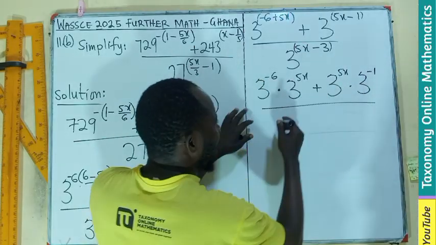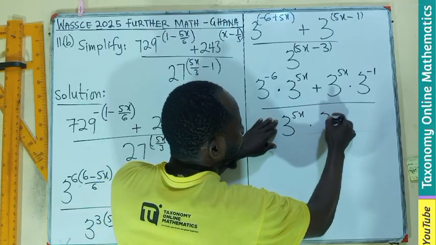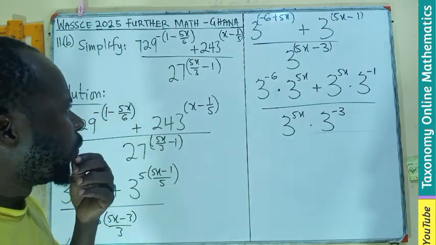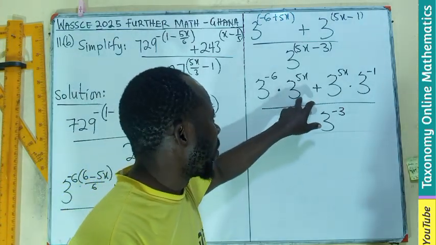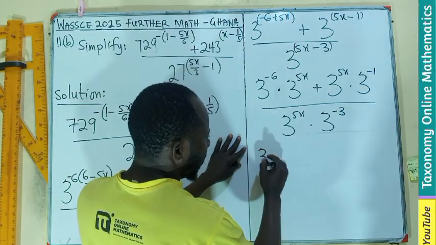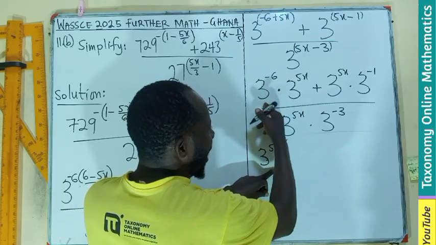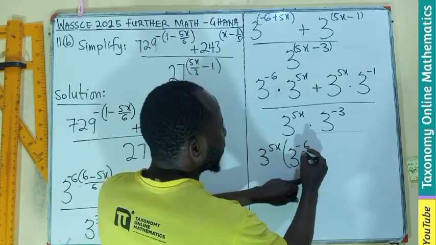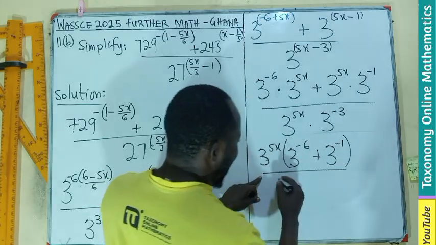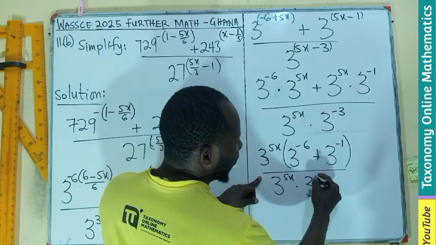The same can happen here: 3 exponent 5x times 3 exponent negative 3. If we expand, you can see that there's a common factor since they are multiplying. That common factor can be 3 exponent 5x outside. You'll be left with only 3 exponent negative 6 plus 3 exponent negative 1, divided by 3 exponent 5x times 3 exponent negative 3.